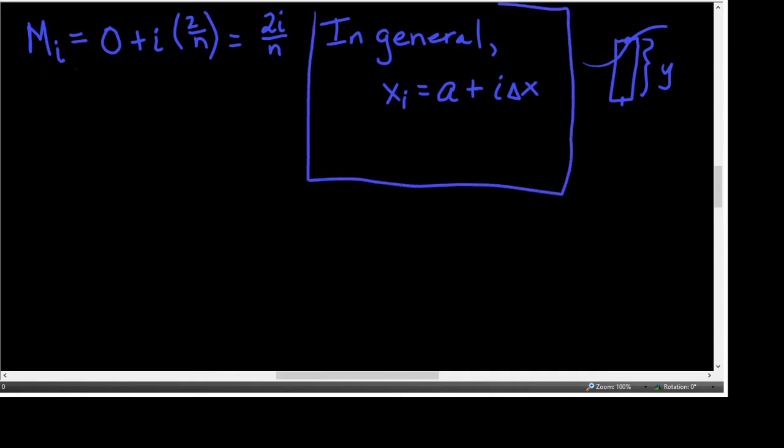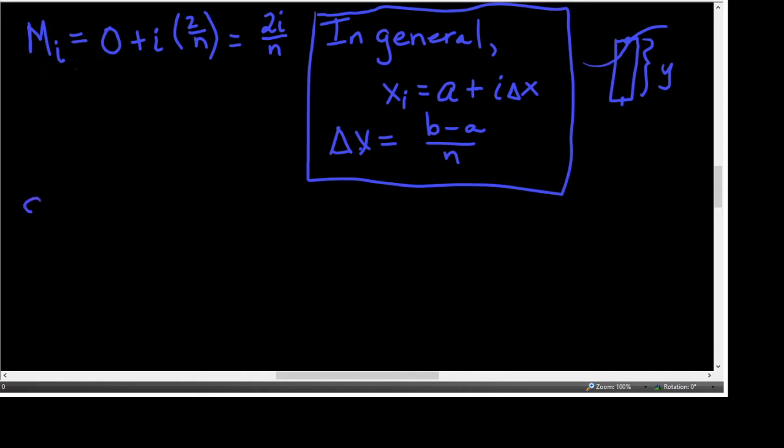And that delta x, as we already mentioned, is obtained using the formula that I already gave you, b minus a over n. And those are two very important formulas going forward from this. And we'll be able to use those more as we go.